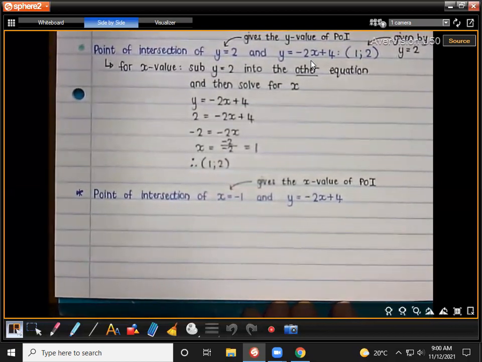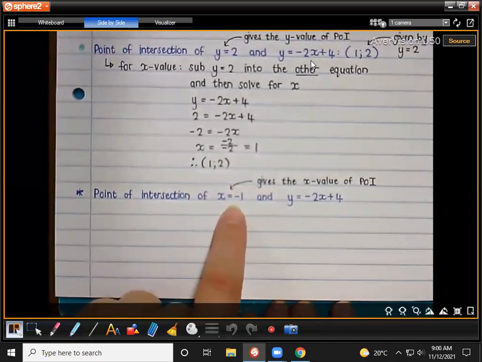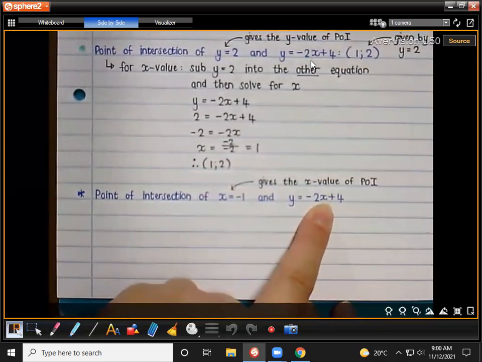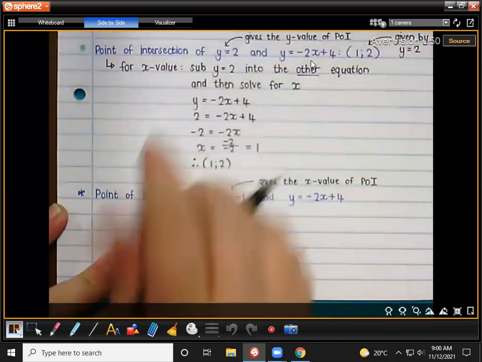Now we're going to do the same thing, guys. We have the x value now. To get the y value, we're going to have to sub this x value into the other equation. All right, so just like what we did over here.